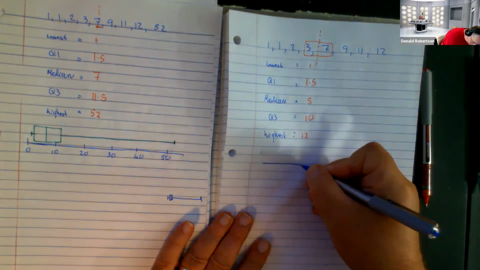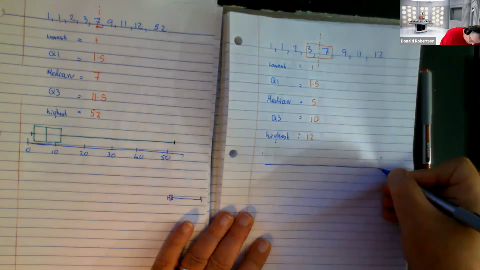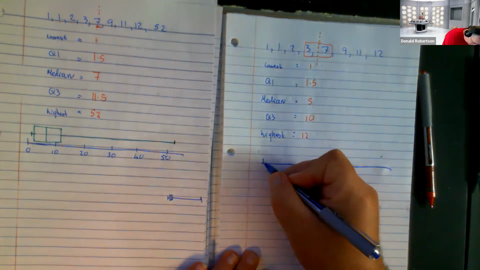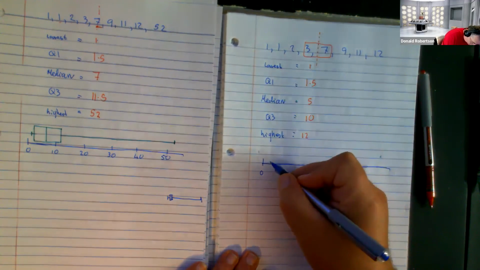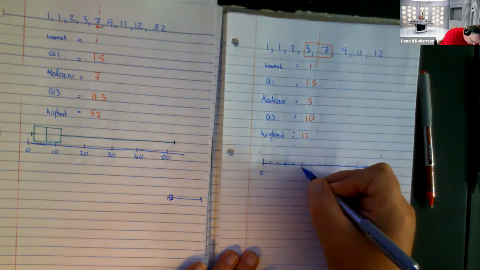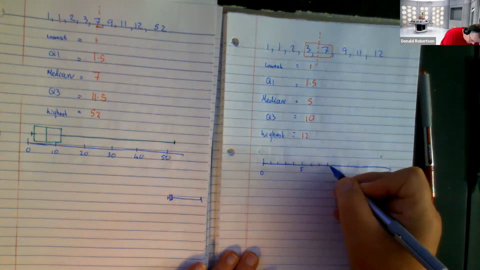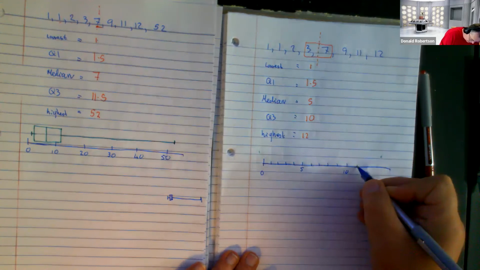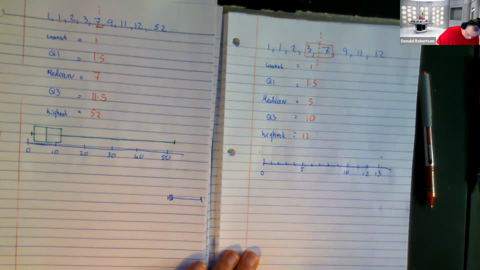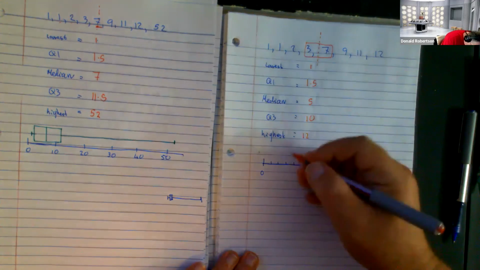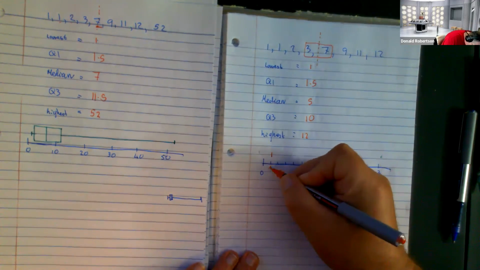So when I create my box plot, I've got a lot more real estate that I can use. I like starting at 0. 1 to 12. Okay, so 1, 2, 3, 4, 5, 6, 7, 8, 9, 10, 11, 12. Maybe put in 1 more for luck. The lowest is 1, so I'll put that there.